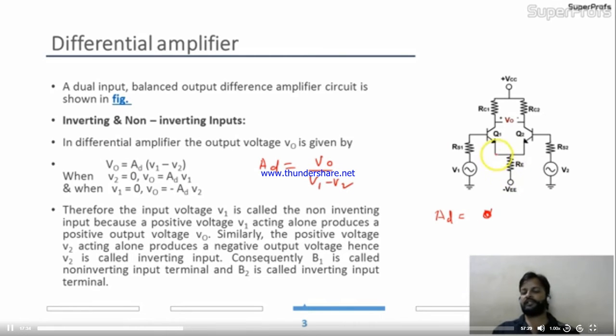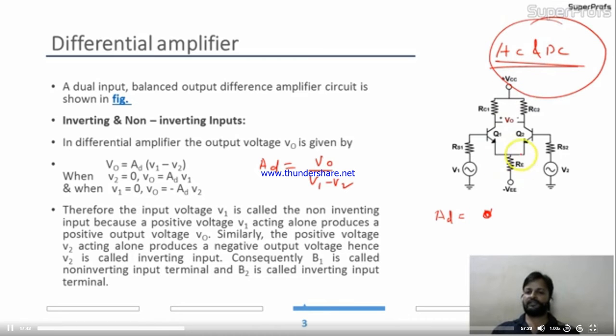So here also we'll study AC and DC analysis. Okay. I'm not going to analyze this circuit by these two parameters, AC and DC. Directly I'm giving you the formulas, so please note them down.